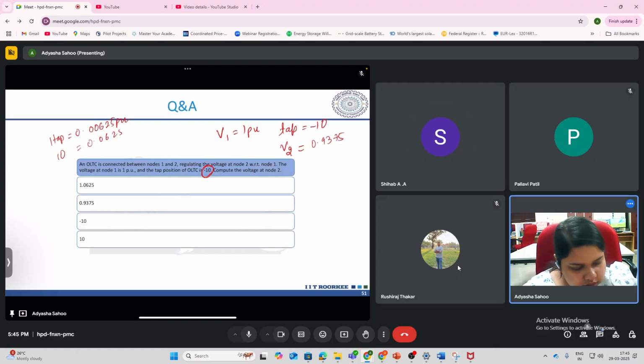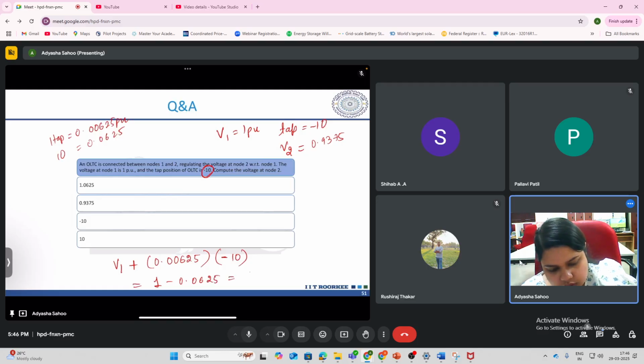So V1 minus, for a single tap the change in voltage is 0.00625 and the tap is minus 10, so that is giving you 1 minus, no, this is plus. So 1 minus 0.0625, 0.9375.